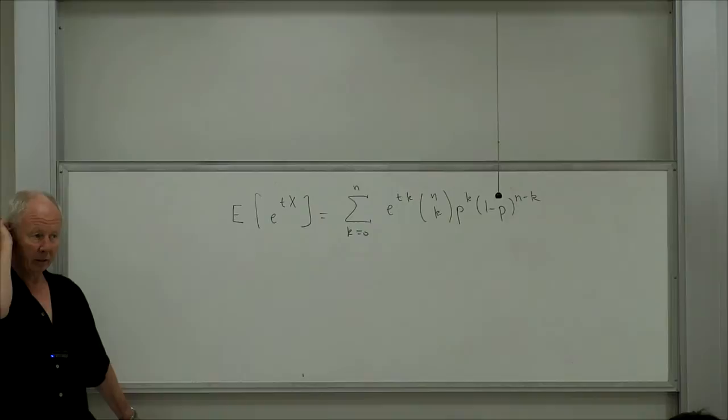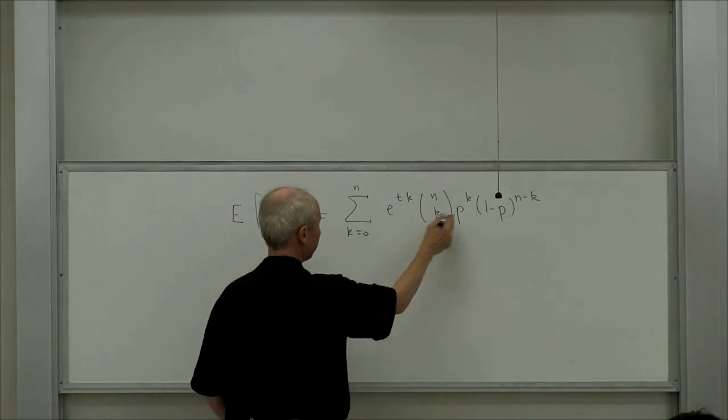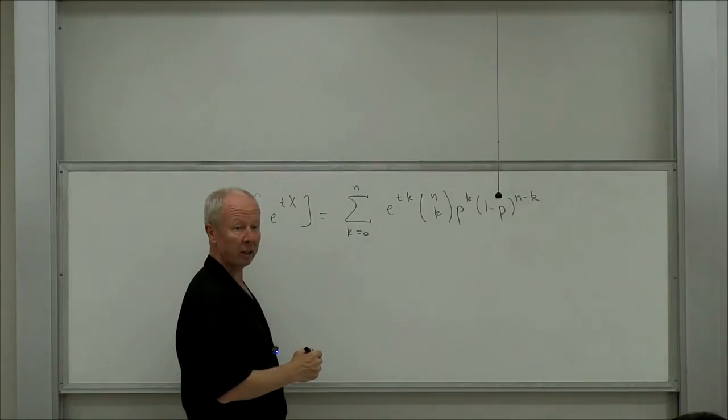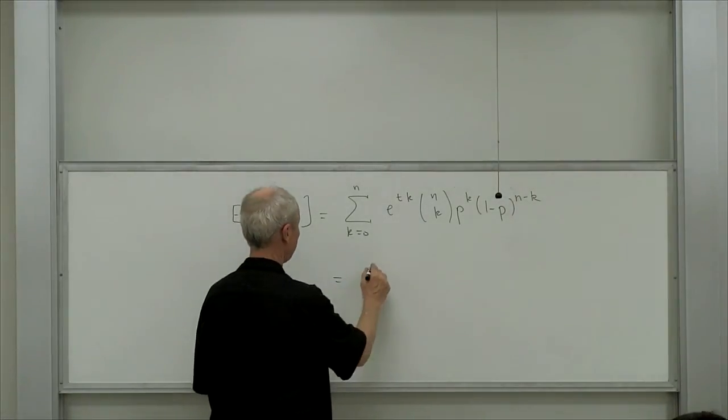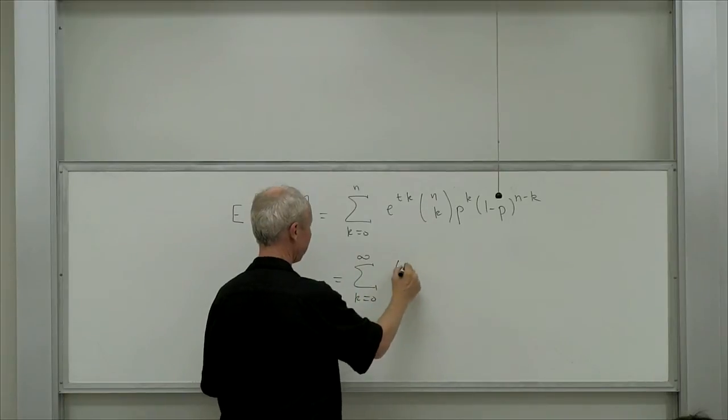Well, you probably want to get this e to the t together with that p, because they're both raised to the power k. So they look like they're made for each other.